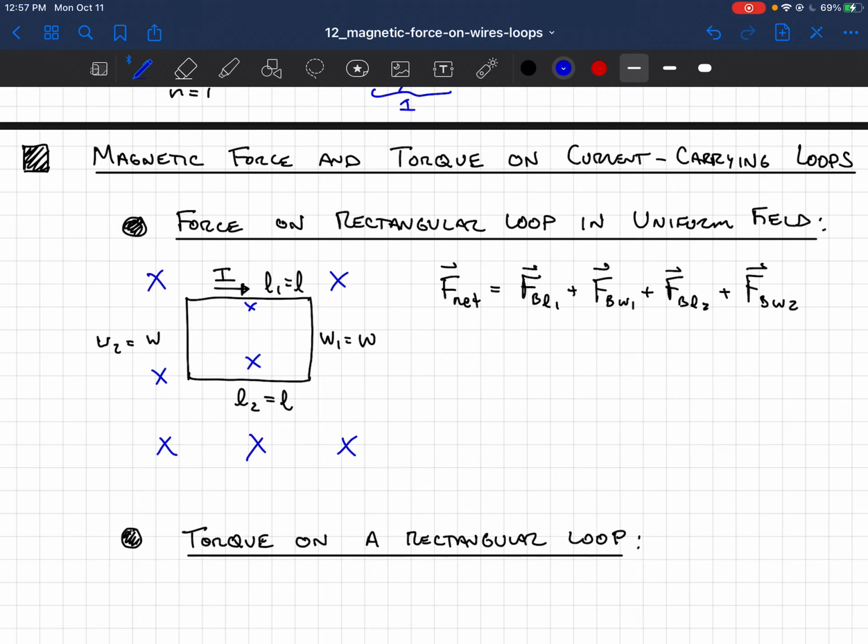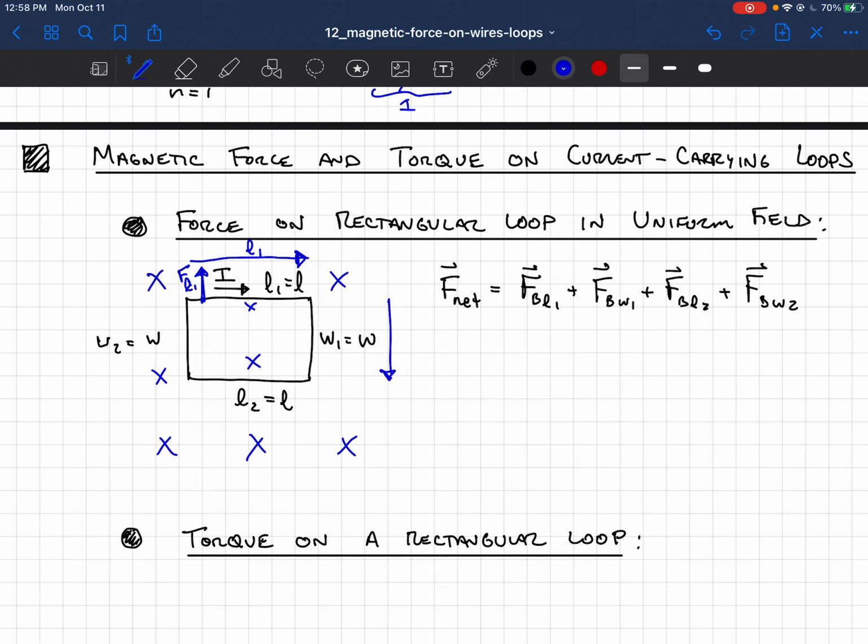So what's the direction of FB L1? Well, L1 is a vector that points along the top of the loop, and B is a vector that points into the page. So if you put your fingers to the right along L1, close them into the page, then your thumb points up the page. So the force on the top is just going to be up.